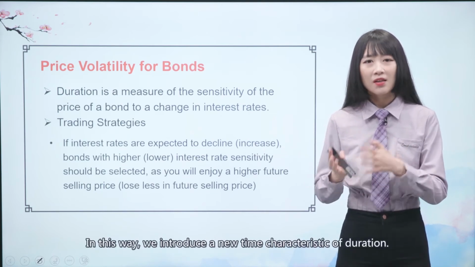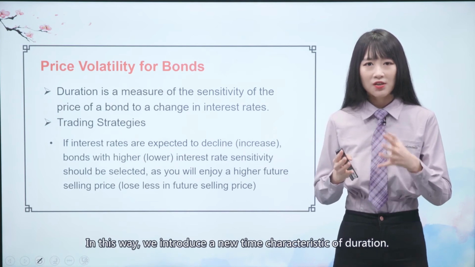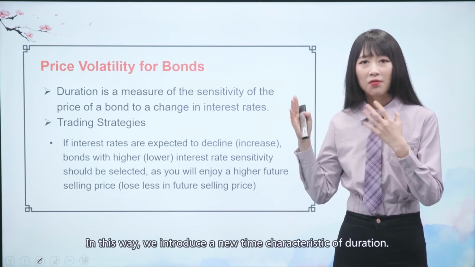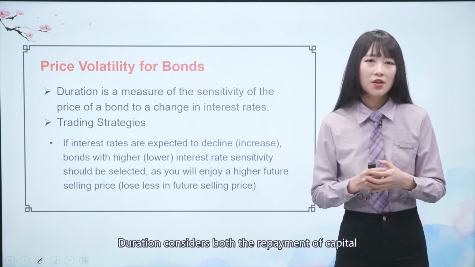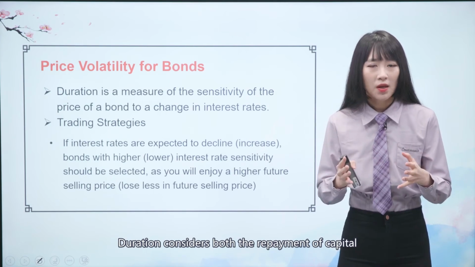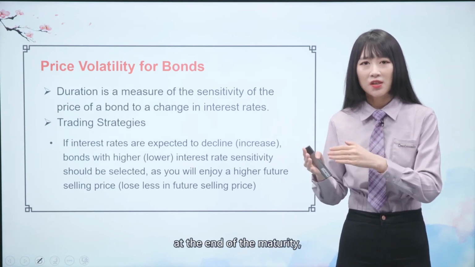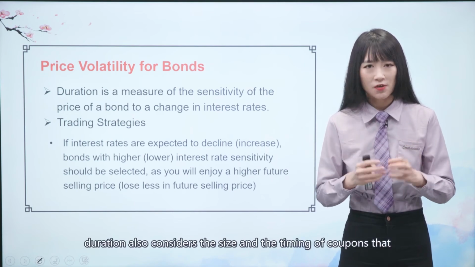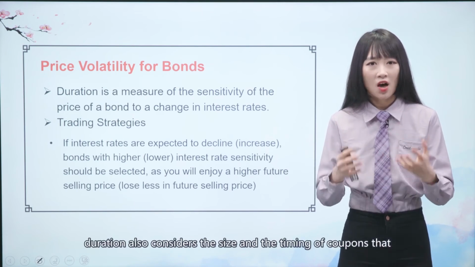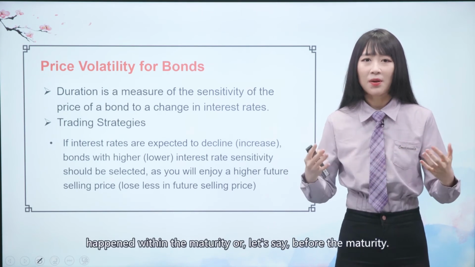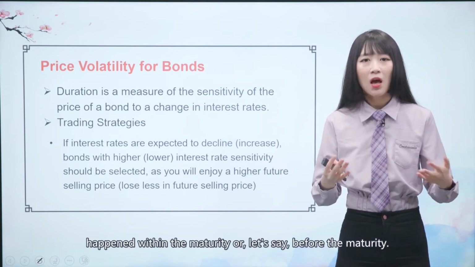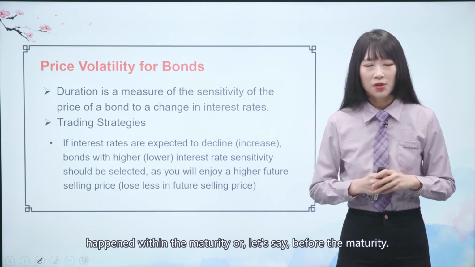So in this way, we introduce a new time characteristic: duration. Duration considers both the repayment of capital at the end of the maturity, and also the size and the timing of coupons that happen within the maturity, or before the maturity.